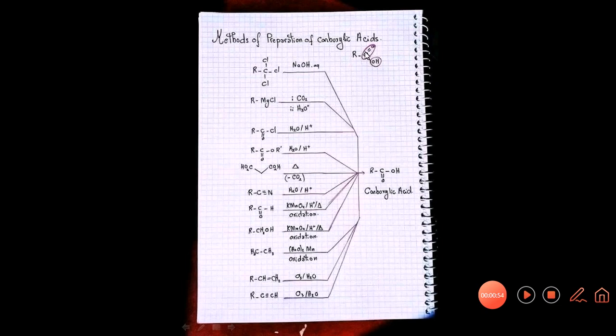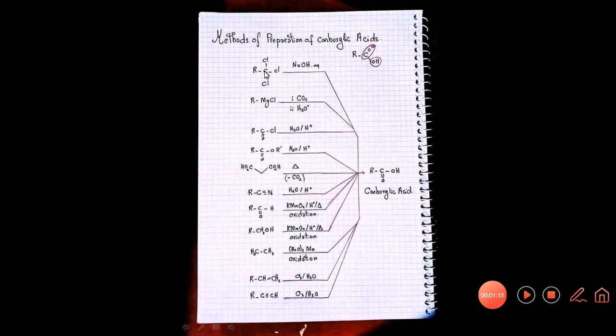The carbonyl carbon is bonded to an acyl, so this one can be an acyl or an alkyl group, and a hydroxy. Whenever this functional group occurs in an organic compound, that compound qualifies to be a carboxylic acid. So let's go straight to how carboxylic acids are synthesized in the laboratory by chemical equations.